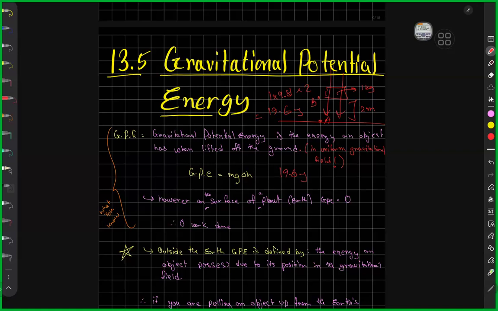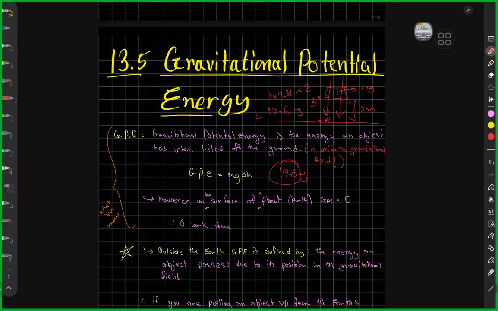What I did was, the object wants to fall down, but I picked it up and pushed it through the gravitational fields, pushed it through the sky, and I transferred my mechanical energy into the object by providing potential energy. How much? 19.62 or something. So I transferred my energy into it.